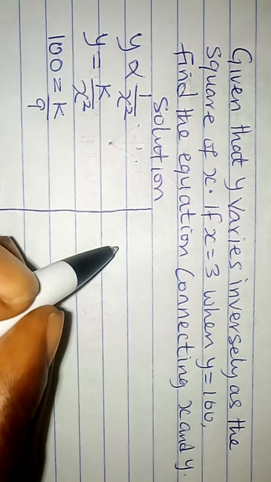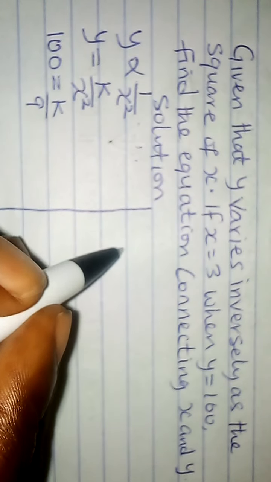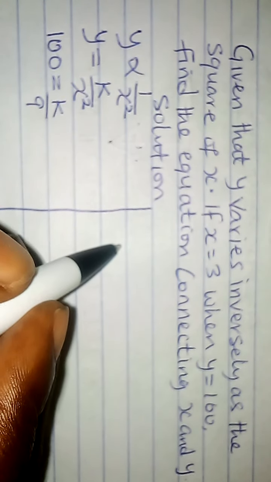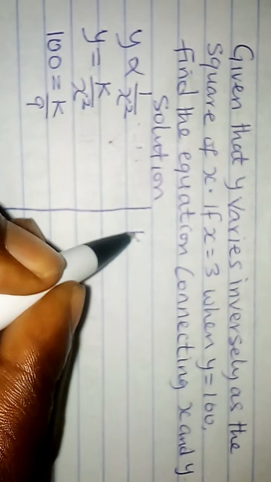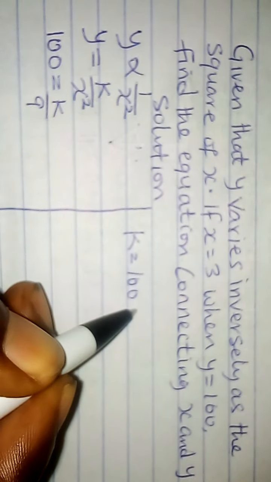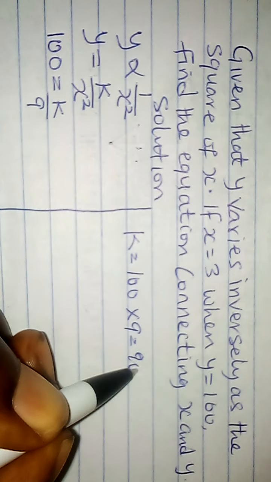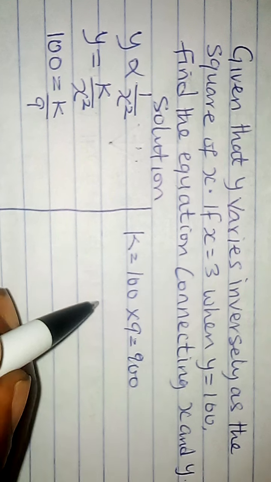Now to make k the subject formula, it simply means we are going to multiply both sides by 9, which means that k will be equal to 100 multiplied by 9, which will give us 900 as our k.